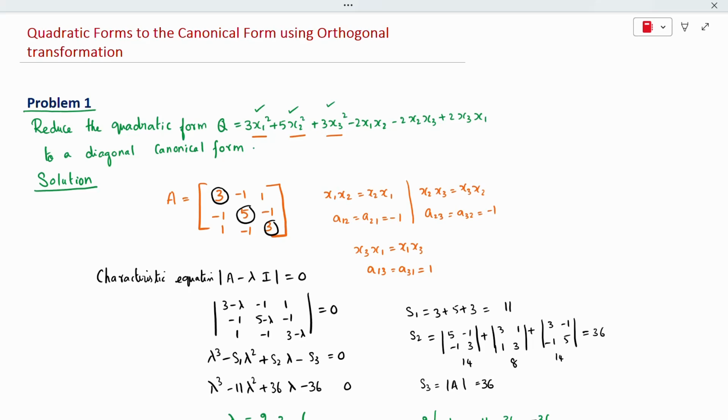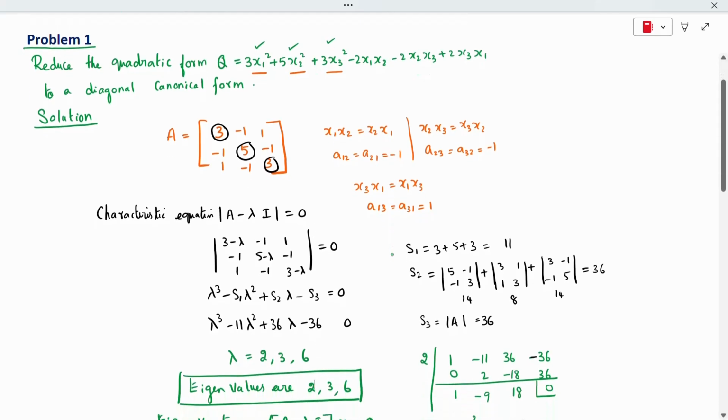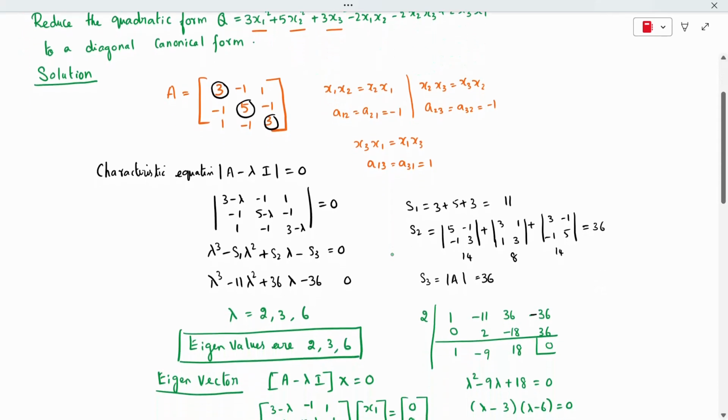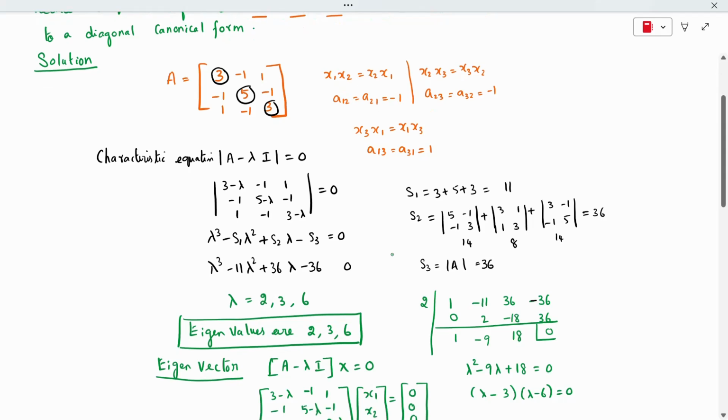After writing the A matrix, what we have to do is write the characteristic equation and find the eigenvalues, eigenvectors, the modal matrix, the normalized modal matrix and the diagonalization. The procedures are the same. So I have written here the characteristic equation, determinant of A minus lambda I equal to 0, and the shortcut: lambda cubed minus S1 lambda squared plus S2 lambda minus S3 equal to 0.